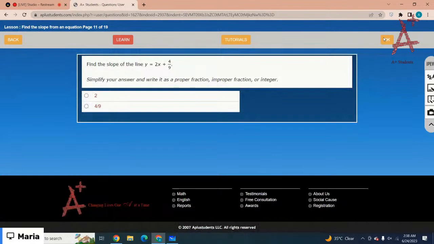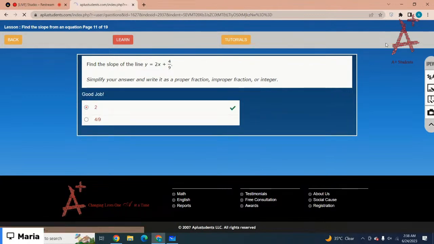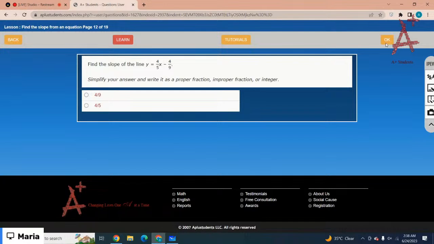Find the slope of the line y equals 2x plus 4 over 9. So which is the correct option? The slope of the line is 2. So the correct option is 2. Find the slope of the line y equals 4 over 5x minus 4 over 9. It would be 4 over 5.